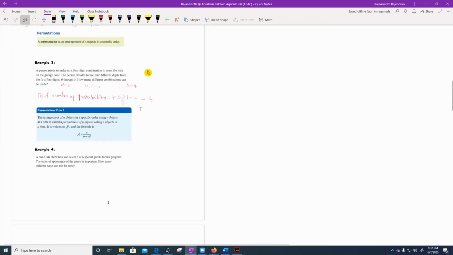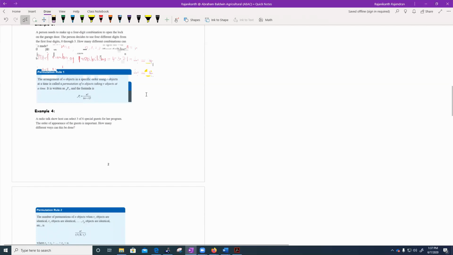Now, to arrange these kinds of things, we have several rules. Here we are going to look at two rules. Rule number one, permutation rule number one. The arrangement of n objects: you are given n objects, but you need to arrange them in order by using only r of them. That means you are not using all n objects.